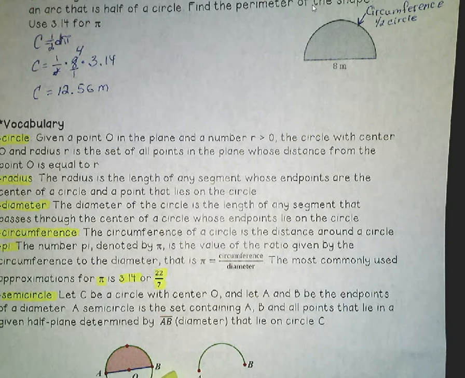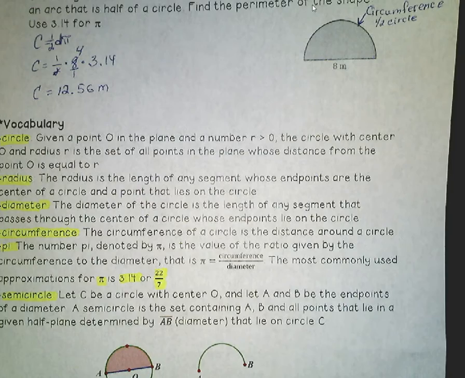A semicircle is the set containing A, B, and all the points that lie in a given half plane determined by the segment AB, which is the diameter, that lie on circle C. So that is going to be a half circle.